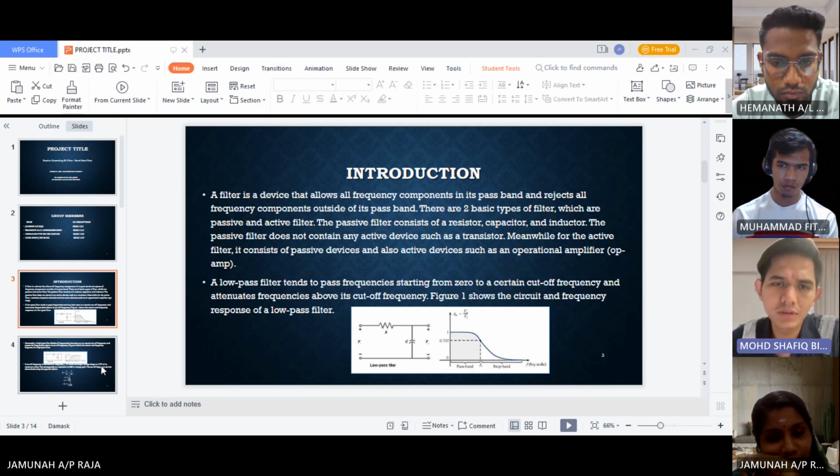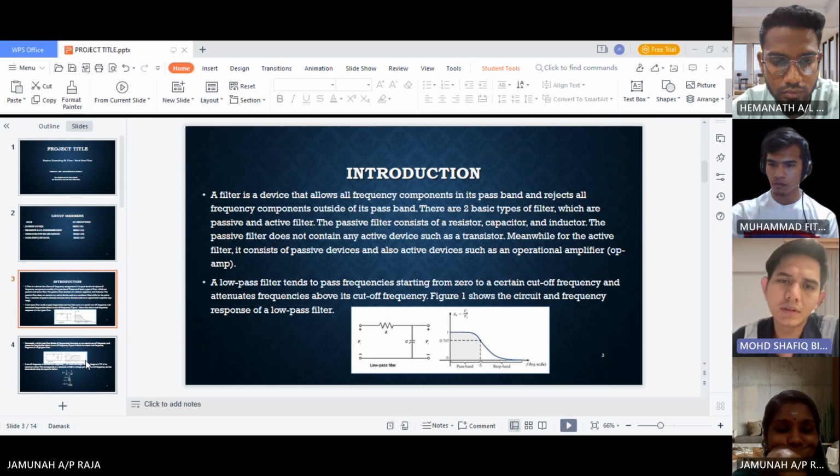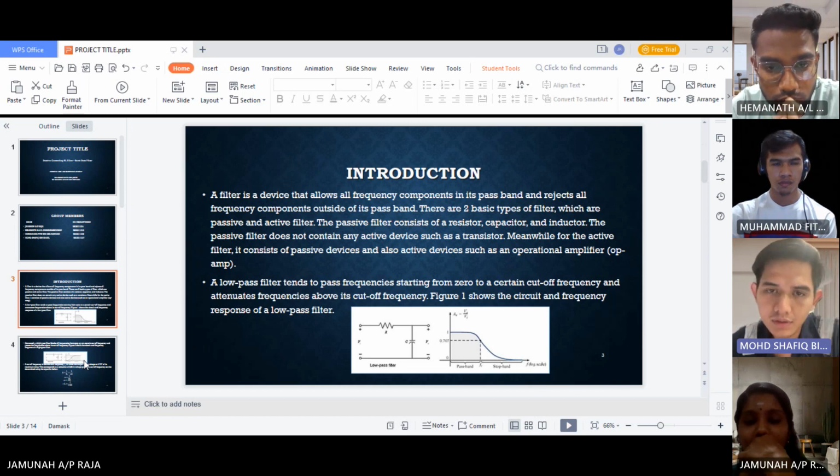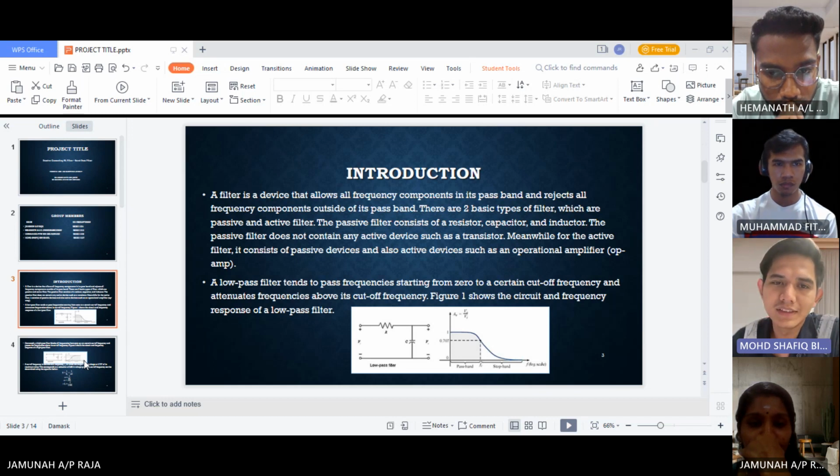The passive filter doesn't have any active device such as a transistor, but the active filter consists of passive devices and active devices such as the operational amplifier that I mentioned before. Sorry for that explanation. Okay, so we go to the low pass filter.